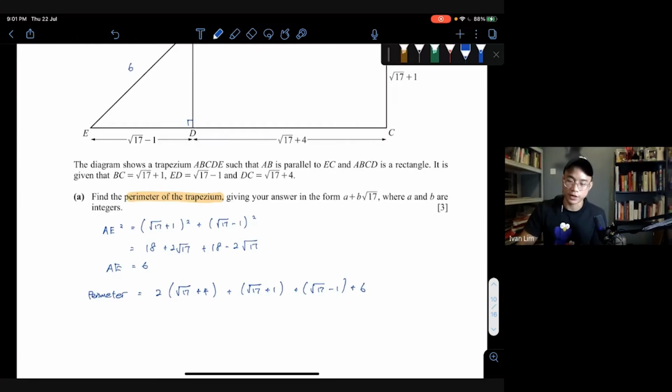Okay, you don't have to put a bracket, but I just put a bracket because one term has 2 terms there, so I can see clearly. So you end up with 4 root 17 plus 14. Okay, so this will be your perimeter.